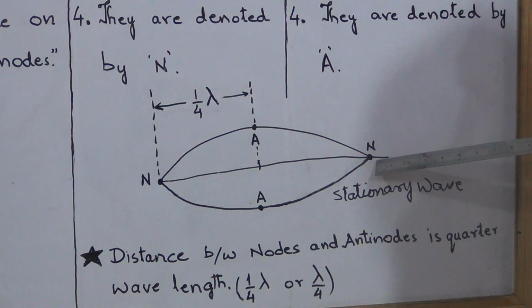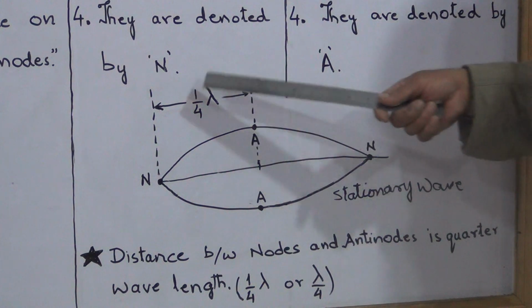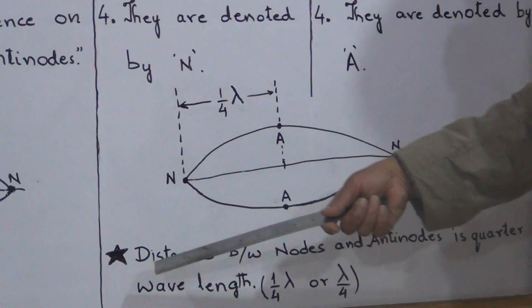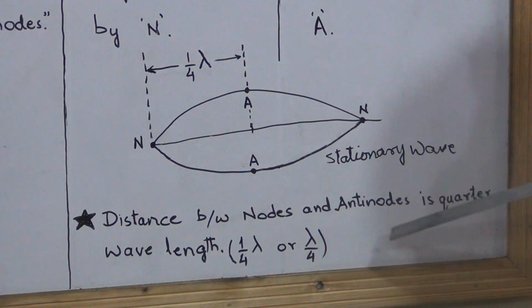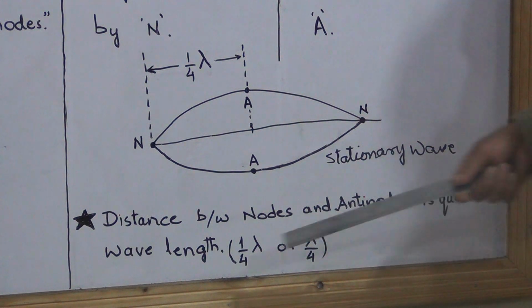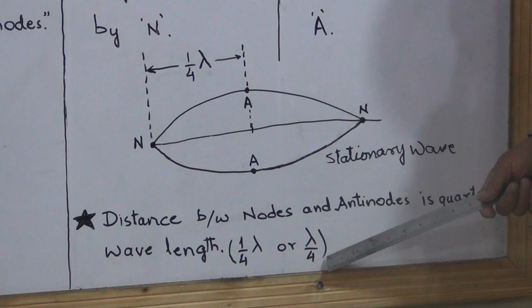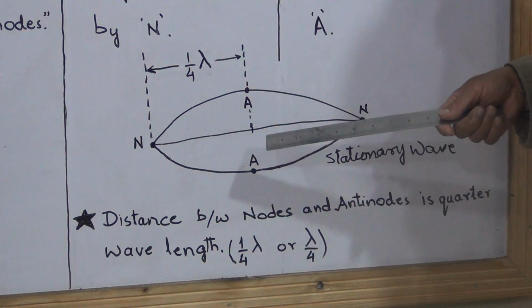Node to node is half wavelength and node to antinode is quarter wavelength. For learning purposes, you have to learn that the distance between a node and an antinode is quarter wavelength, or 1/4 lambda, or lambda by 4. So this is the distance between node and antinode.